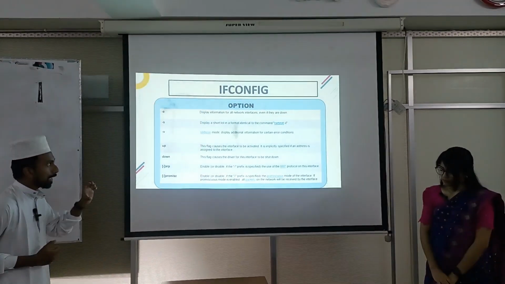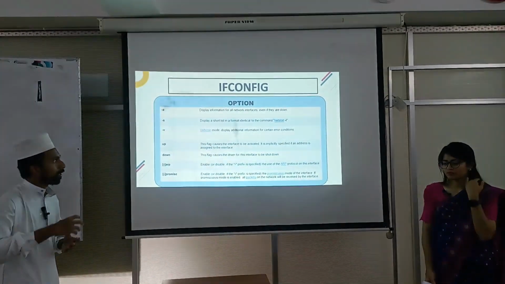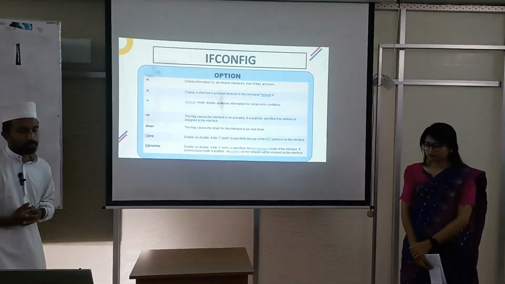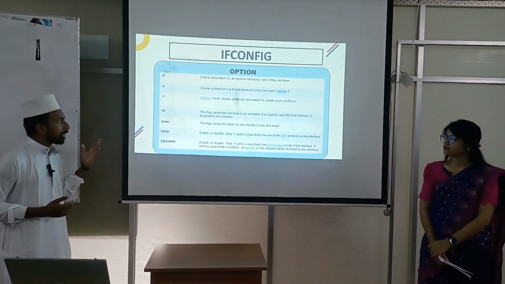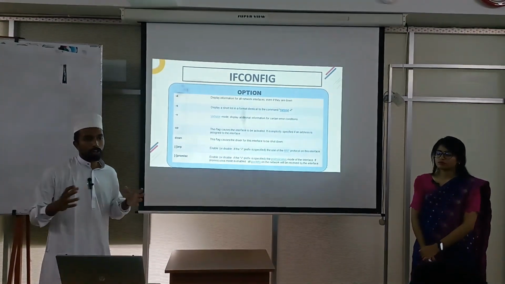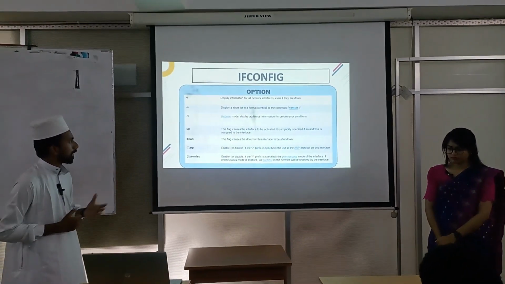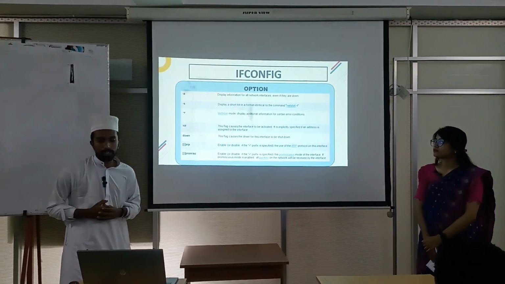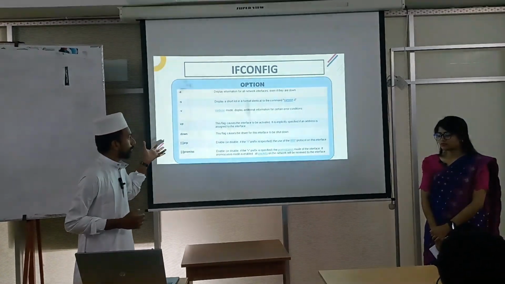The -s option displays a shortlisted command output. The -v option is verbose mode, which displays additional information and certain error conditions. The up flag causes the interface to be activated, and an address is assigned to the interface.